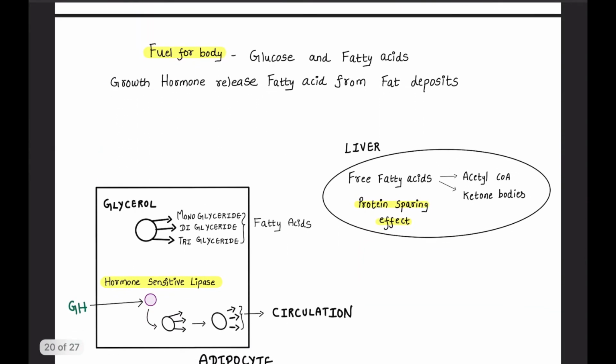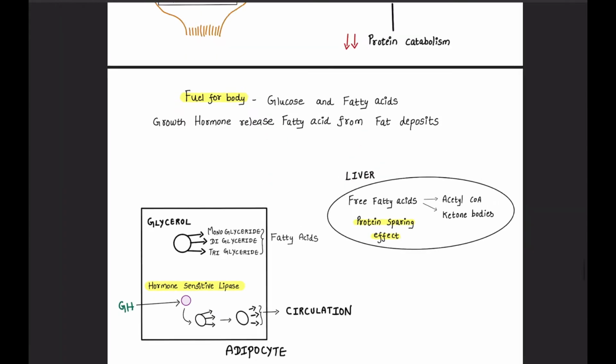We already know that the main fuel for the human body is glucose and fatty acids. Growth hormone releases fatty acids from the fat deposits. If this is a fat deposit, growth hormone will release fatty acids from the fat deposits.